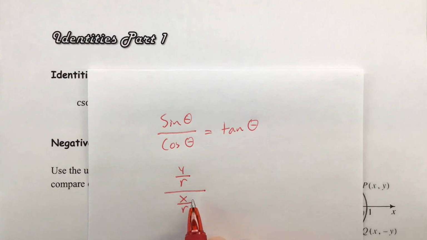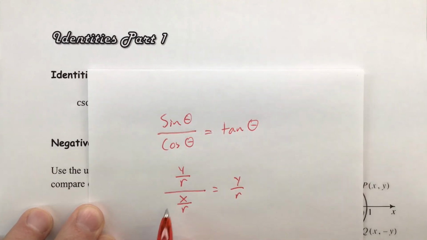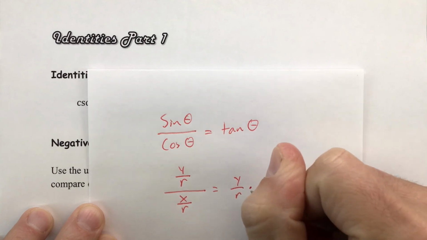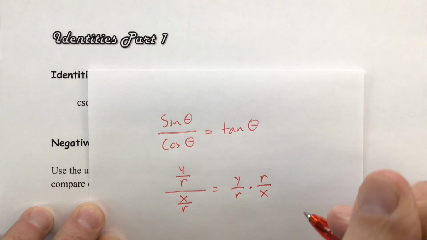What I have are 2 fractions that are being divided, and if we're dividing fractions, we can use a technique called keep, change, flip. That means that you keep the top fraction as it is, you change the division into multiplication, and then make sure you multiply by the reciprocal here. So that would be r over x.